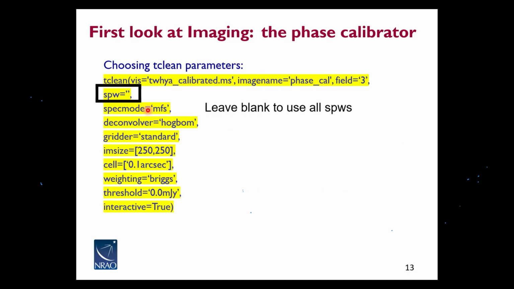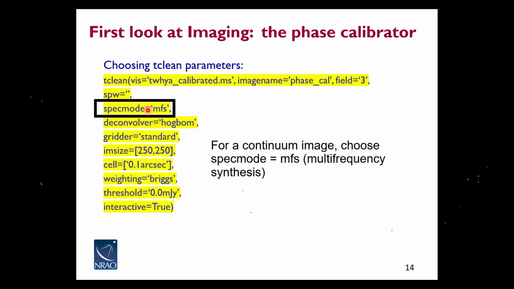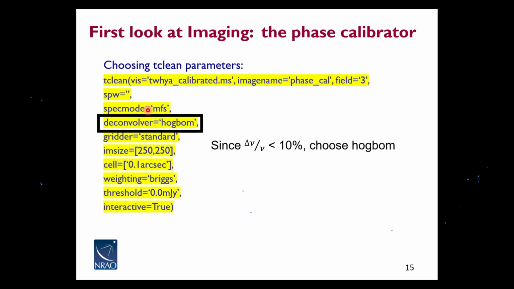And we are setting nothing for spectral window because this is a continuum image, so we want to use all the spectral windows for our image. And for spectral mode, we are setting multi-frequency synthesis, again because we are looking at continuum, so we want to include all frequencies.